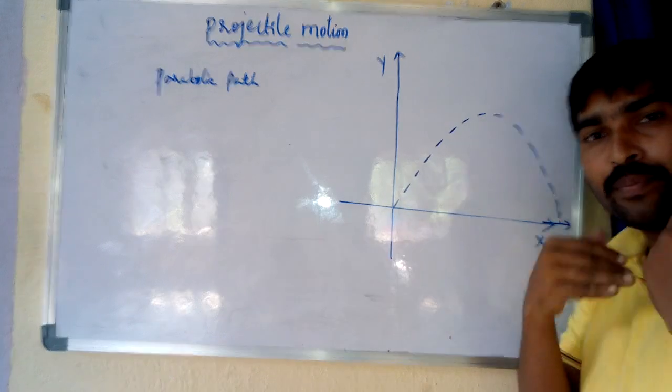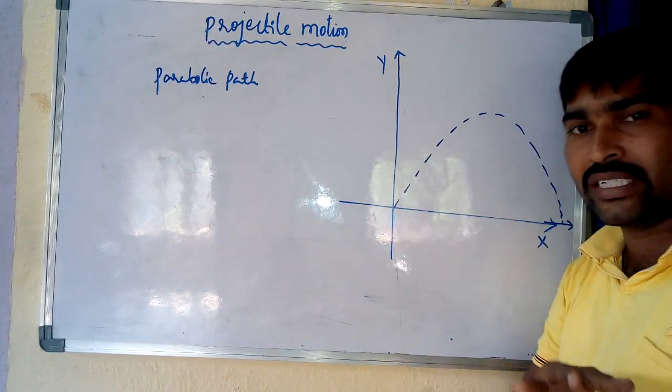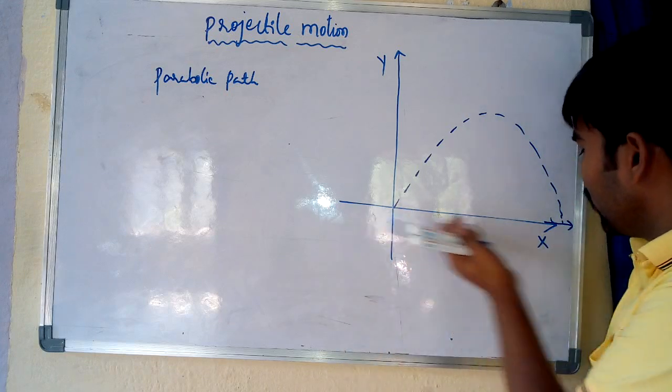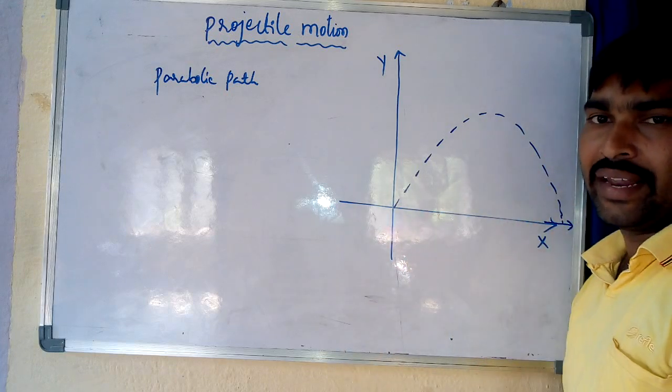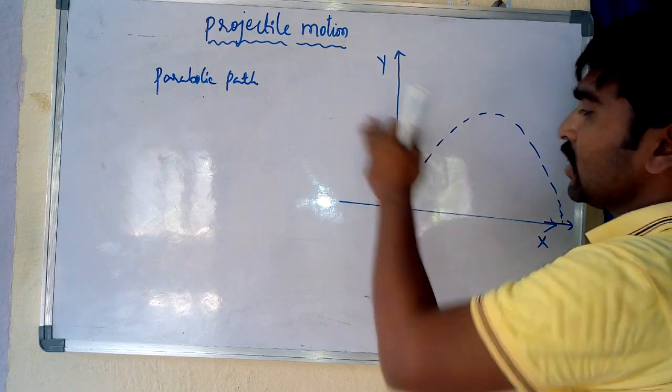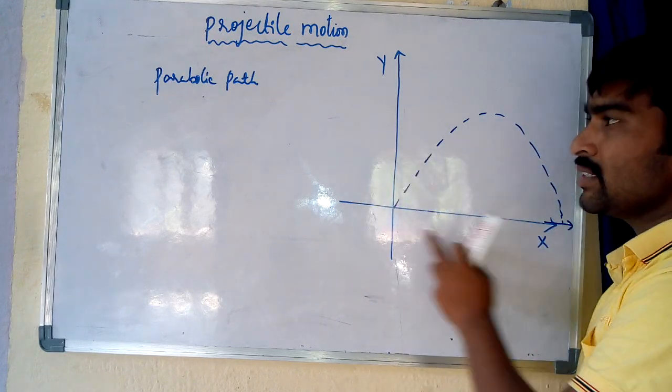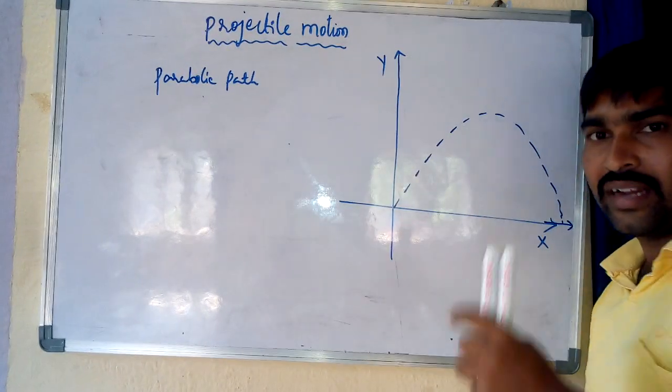In the previous chapters, in the previous sessions, we discussed only linear motion, with respect to the x direction. But today we are discussing motion in two dimensions, along the x direction and along the y direction.